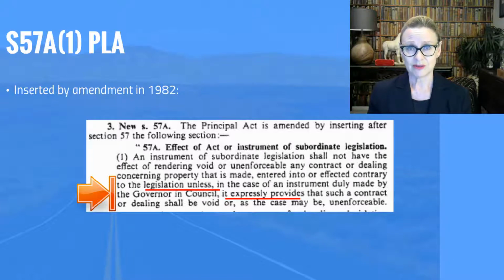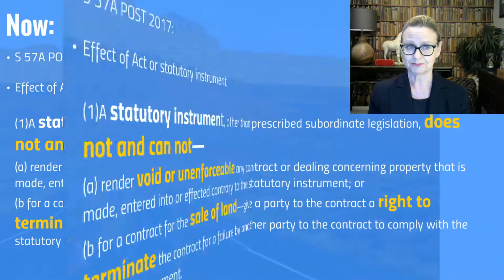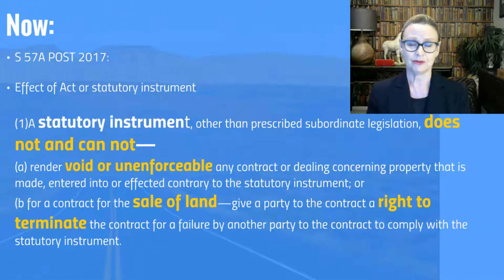So now, since 2017, we have a new 57A sub 1, and have a look at that, I've put it in really big, really yellow writing for you. The statutory instrument, so they've updated the terminology.